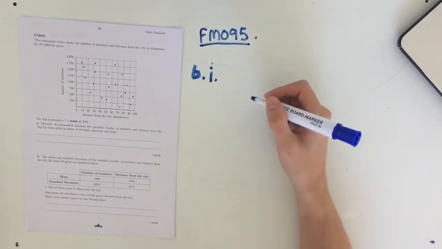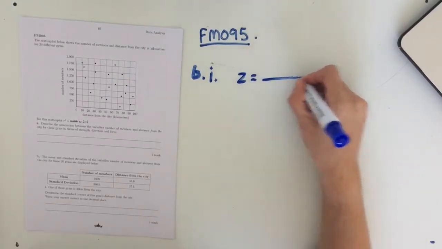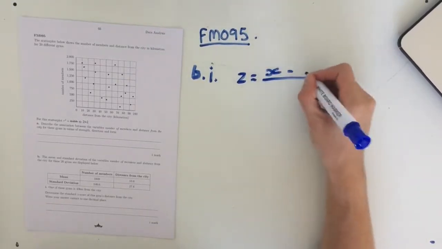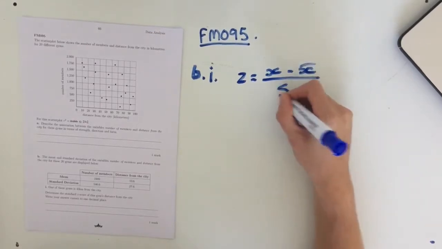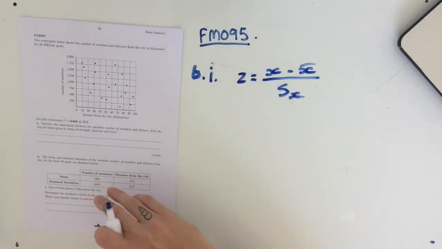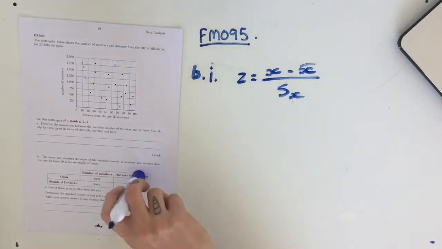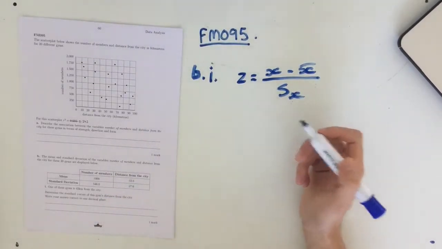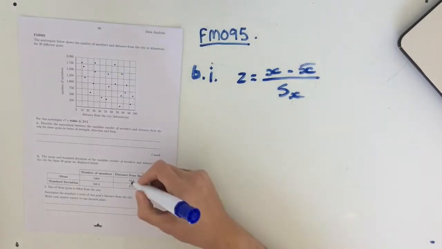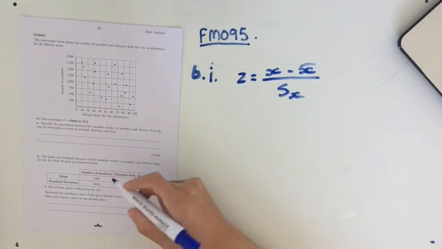So the z-score formula is, of course, z equals x minus mean of x over the standard deviation of x. Since we're asked to find the z-score of this gym's distance from the city, we use the mean and standard deviation to do with distance.